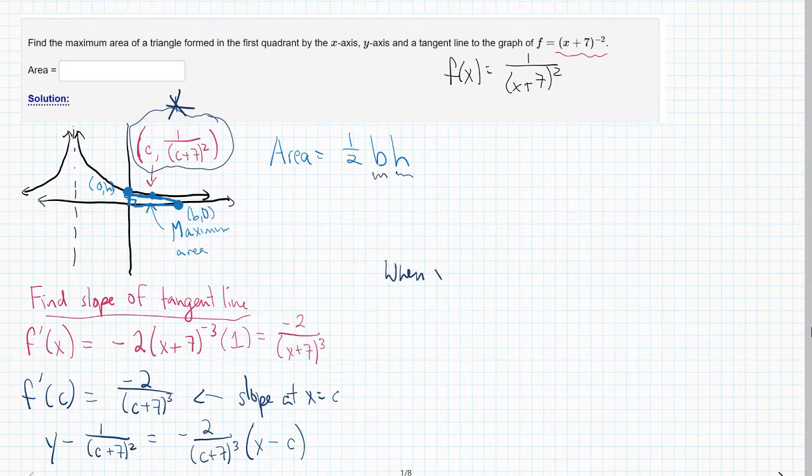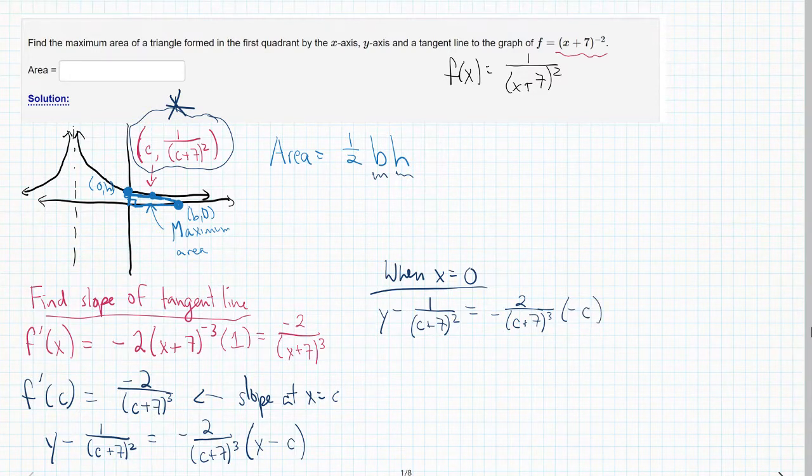So when x equals 0, what do we get? Well, when x equals 0, plug that in, you get y minus 1 over c plus 7, the quantity squared, equals negative 2 over c plus 7 cubed times negative c.